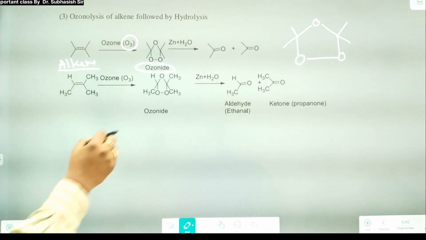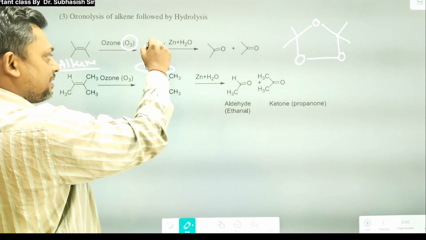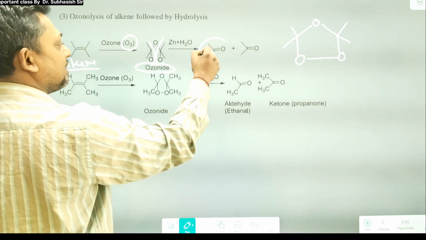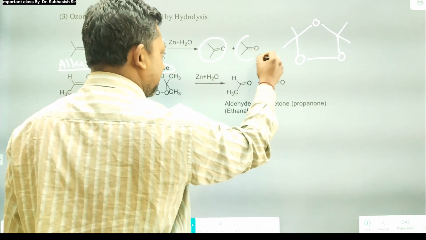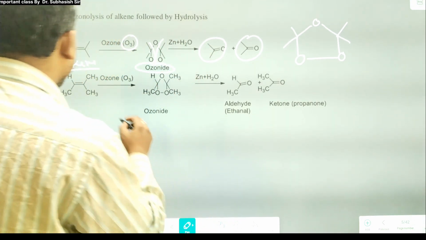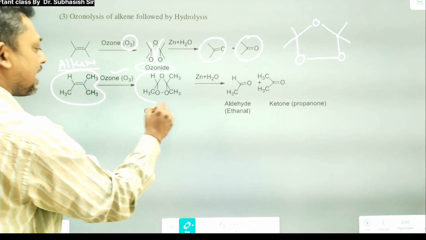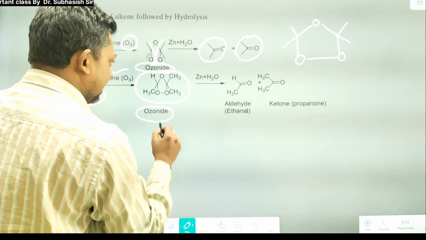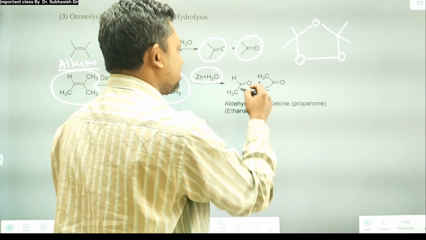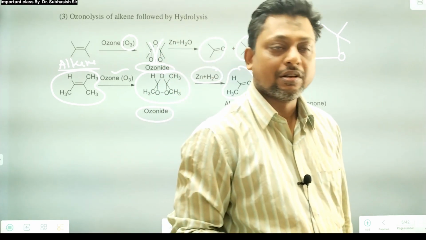Now when this ozonide reacts with zinc and water, it undergoes hydrolysis, and in the next step this house will break. You will get one carbonyl compound on this part and another carbonyl compound on the other part. So how to remember this reaction? First the alkene reacts with ozone to form a house-like structure called an ozonide, and then it reacts with zinc and water to break the house, and you will get a mixture of carbonyl compounds.